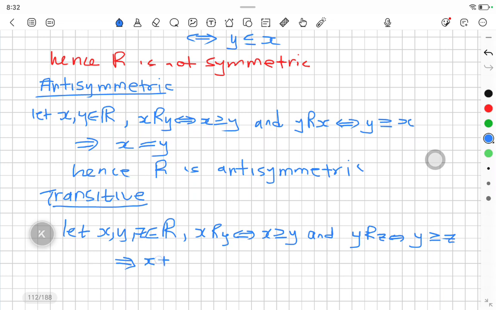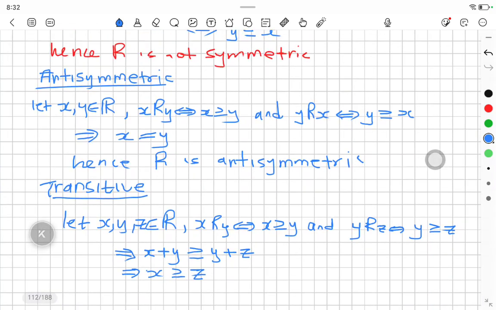x plus y, I first add the 2 ones here, then I add y plus z. Then we want to check if x will be greater or equal to z. And then this will imply that if I subtract y from both sides, I'm going to have that x is greater or equal to z.